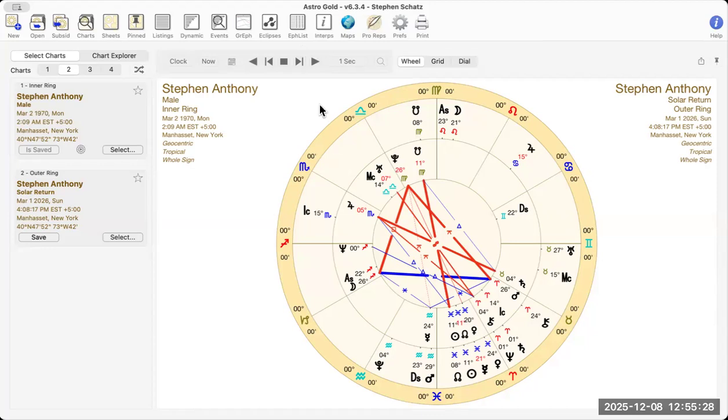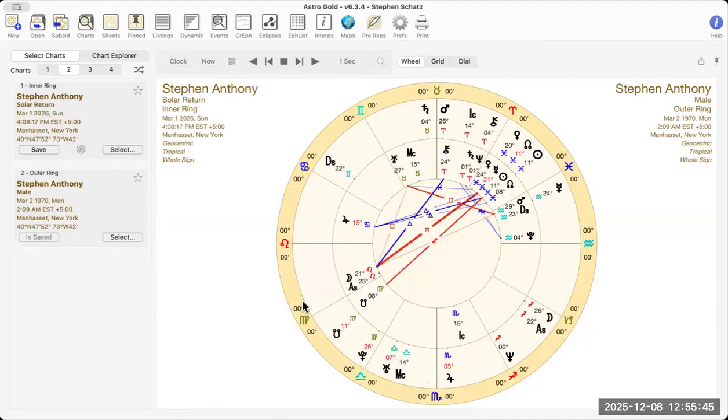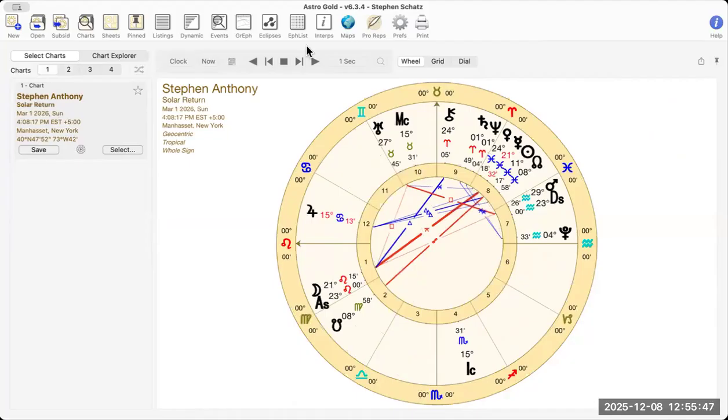Yes, so you can see my chart, the inner wheel, my natal chart, and then the outer wheel is the solar return. So if I just flip that and share that, here's my natal chart. There's my solar return chart alone, the standalone chart.